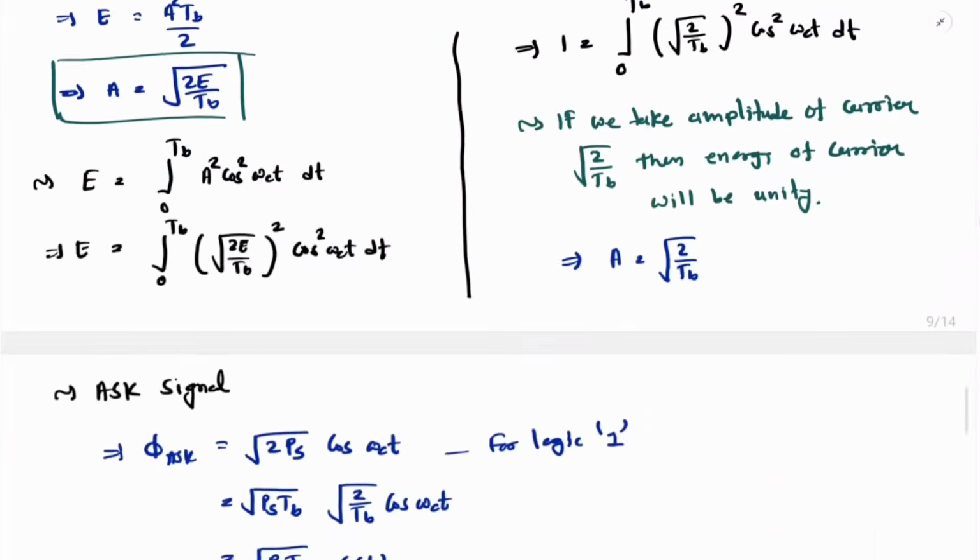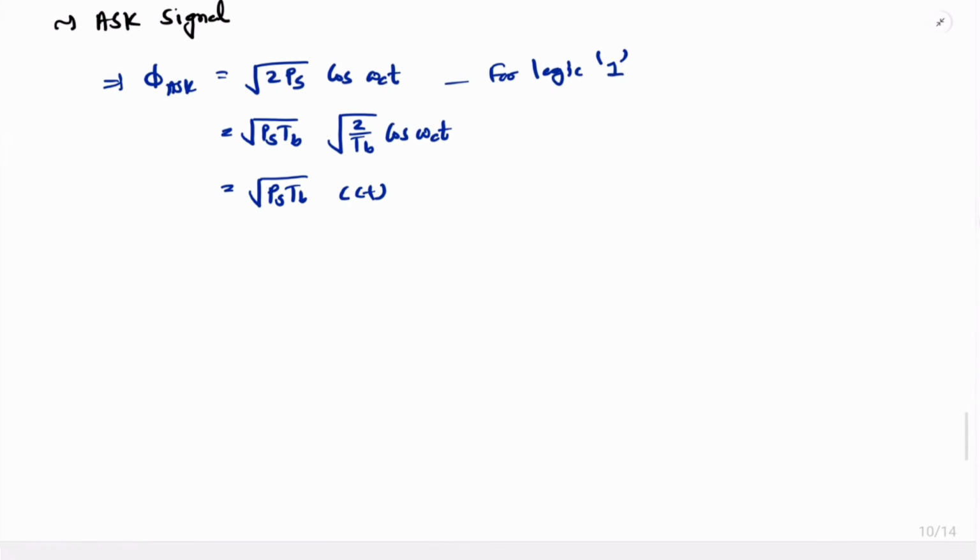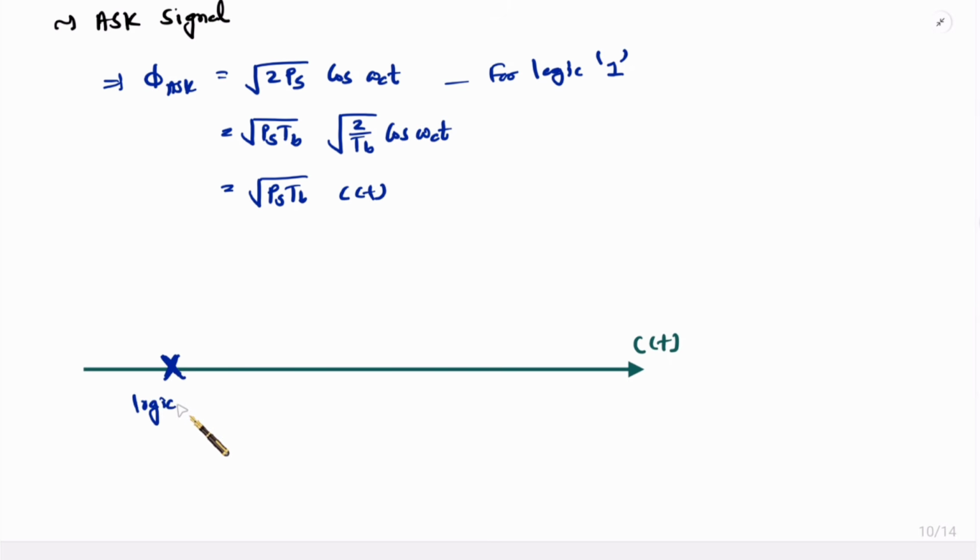So now let me explain the signal space diagram. In the signal space diagram, we have only one axis as phase for logic 1 and logic 0 is 0. So on the horizontal axis we have the carrier signal with unit energy, right? And if I say here we have the origin, then at origin we have logic 0.